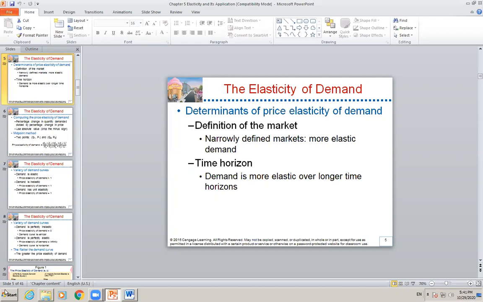Examples of narrowly defined markets are more specific products like ice cream in the winter, and more broadly defined markets are something like milk production, which has really big subcategories. Time horizon: the demand is more elastic over longer time horizons. In the short run, it's not elastic, it's inelastic. This is what you should keep in mind.